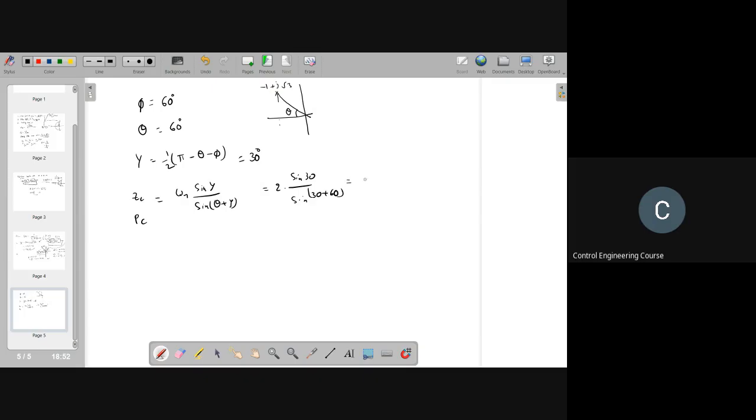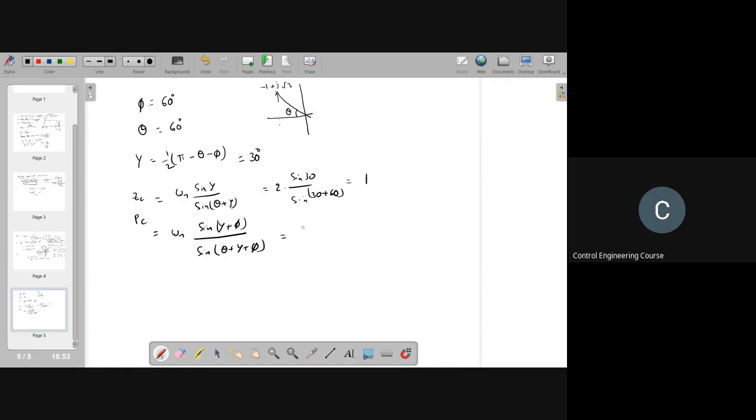This is equal to 1. Now the location of p_c. p_c is omega n sine gamma plus phi by sine theta plus gamma plus phi.